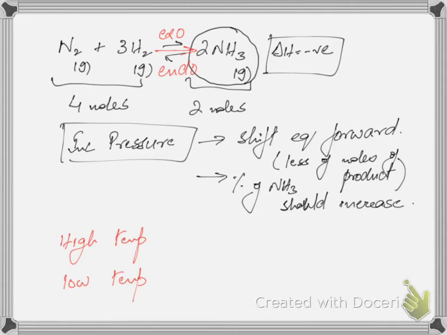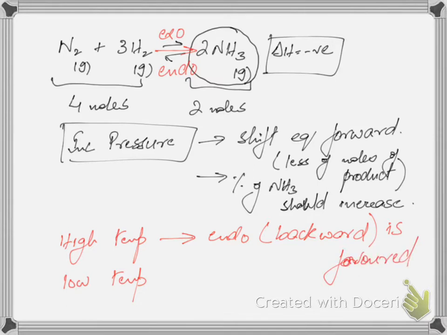When you increase the temperature, the endothermic reaction is favored, so the backward reaction is favored. On the contrary, when you decrease the temperature, the exothermic, so the forward reaction, is favored.